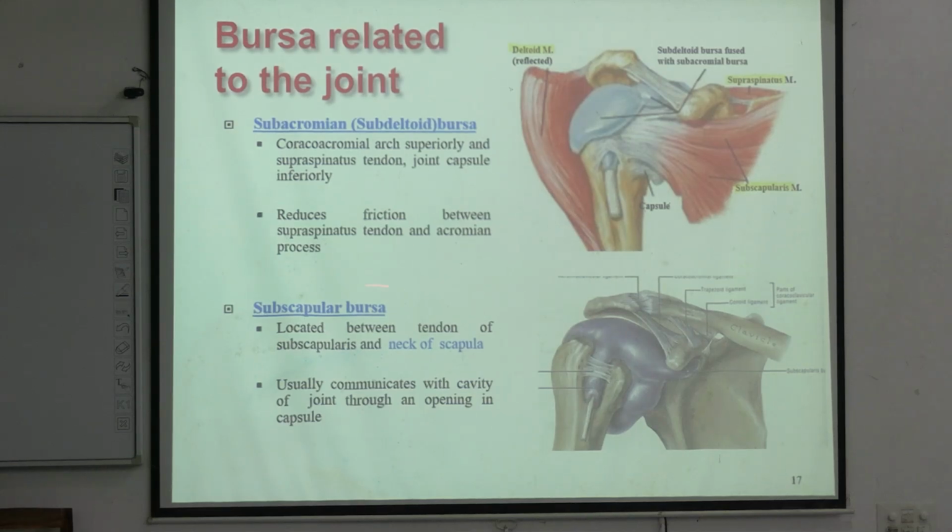Out of these two, the subscapular bursa and the subacromial bursa, you have to know both names, and emphasize the subacromial bursa, because clinical problems will center on subacromial bursitis, or inflammation. So you have to know these two cushions, subacromial and subscapular, and out of these, emphasize the subacromial.